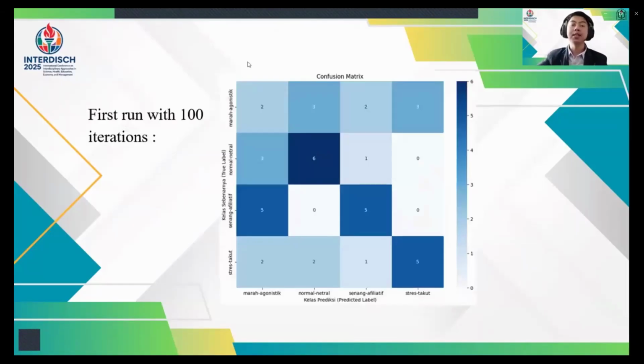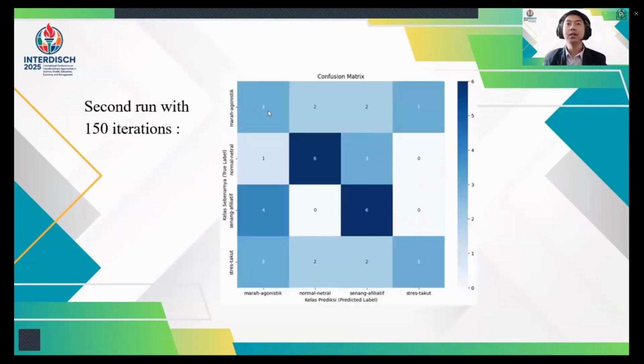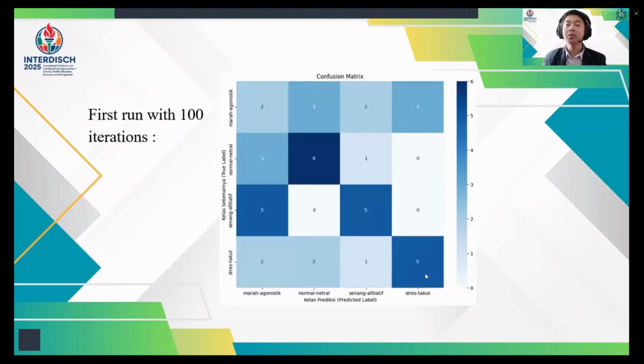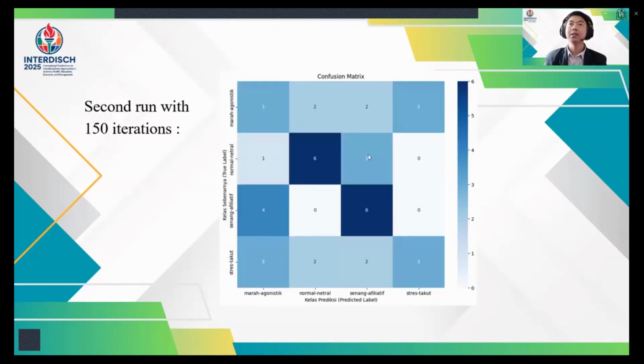For the confusion matrix, this is the first one with 100 iterations. As shown on screen, marah agonistic doesn't show good results, even though the other diagonals got 6 and 5, that doesn't present a good one. The second one also didn't get any better. Marah agonistic got 3, and stress takut dropped from 5 to 3 in the 150 iteration.